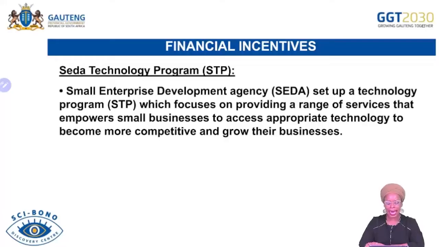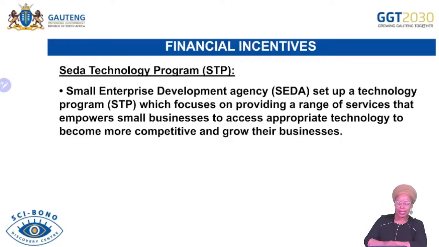Let's look at another one. This is another grant. We call it SEDA Technology Program. You can also call it STP. But remember, when you are answering questions in section B and section C, you can use acronyms everywhere, but you're not allowed to use acronyms and abbreviations when you are answering section A, question number 1.3.